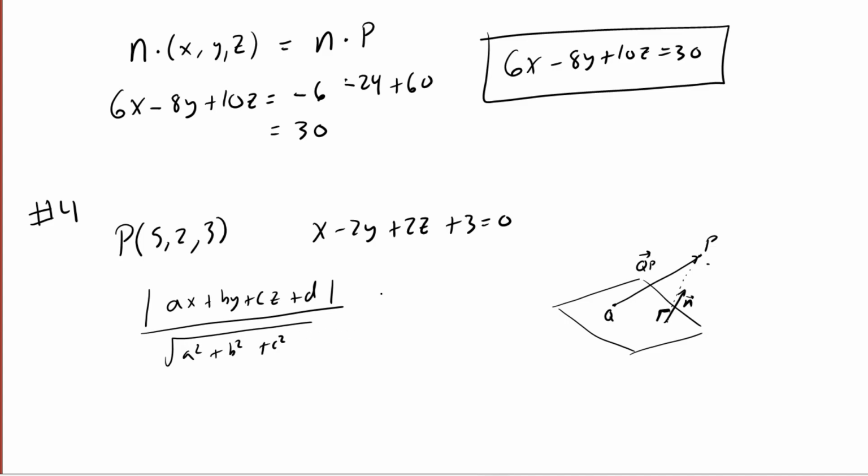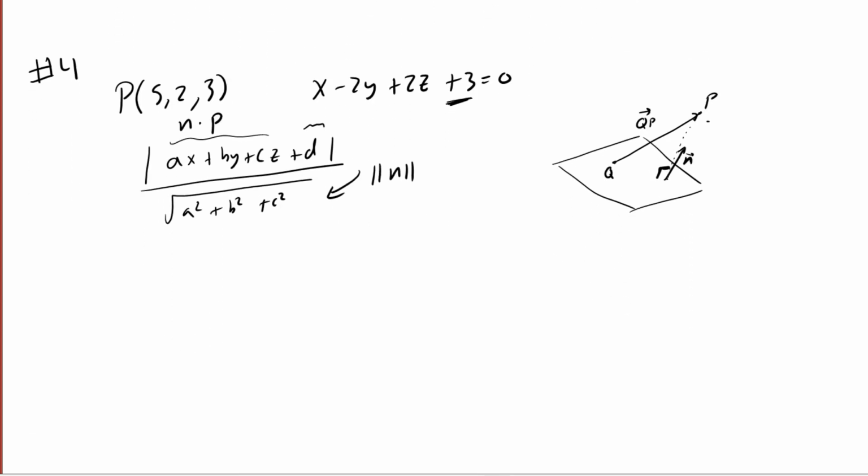So on the bottom, this is the norm of the normal. These first three terms are n dot p, the point that we're interested in, and this is n dot whatever point we had on the plane.